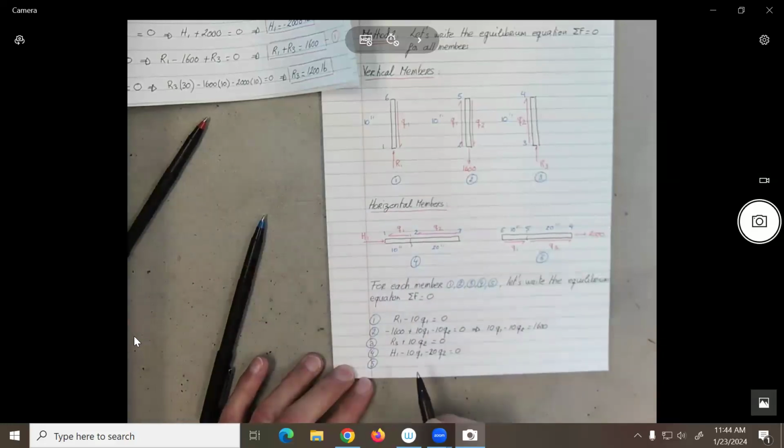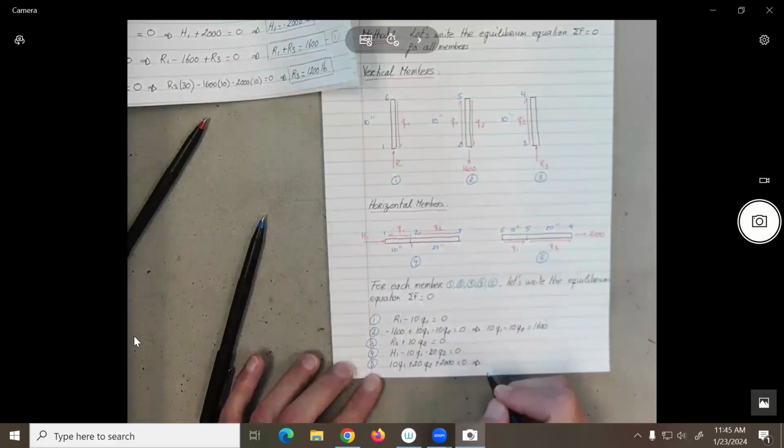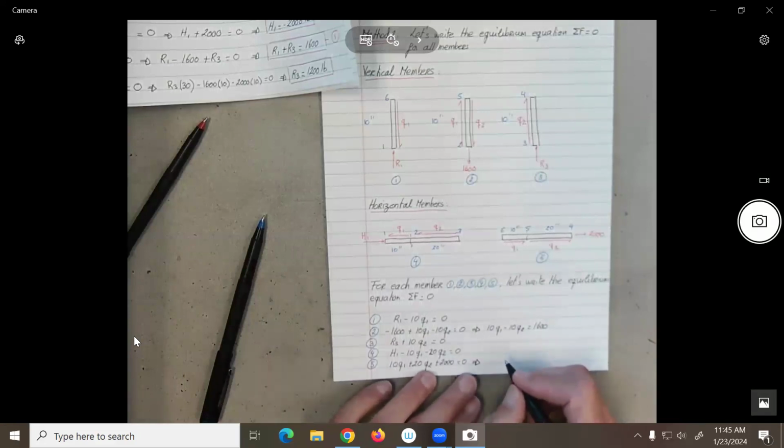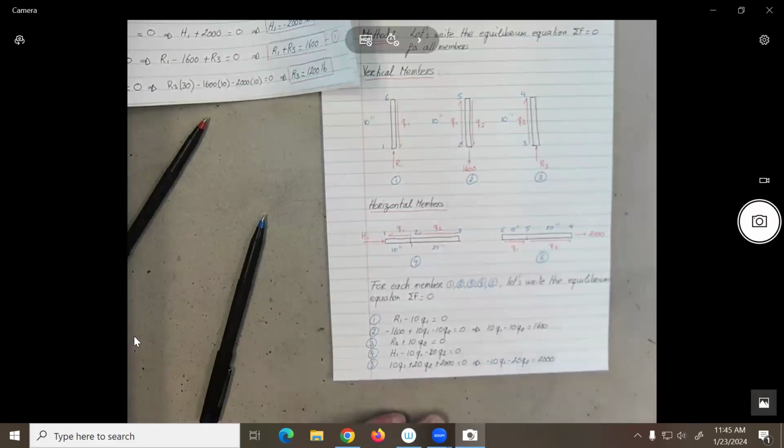And 5, which would be this one, what are we going to have? 10Q1 plus 20Q2 plus 2000 equal to 0, or I can just rewrite this as minus 10Q1 minus 20Q2 equal to 2000.